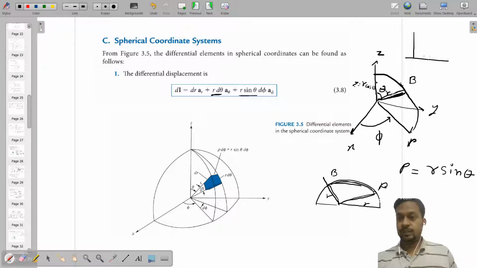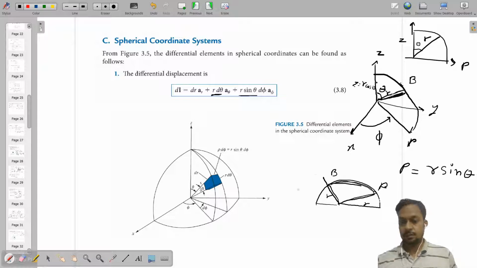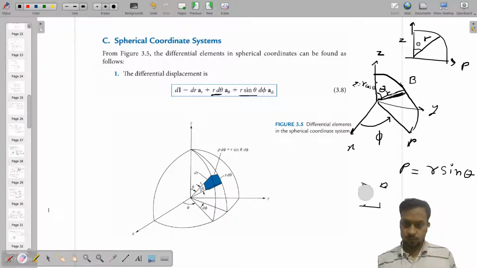If we draw the side view of the figure, this is radius r, and this angle is theta from the z direction, and this is point P. This is not a clear visualization of the given diagram.